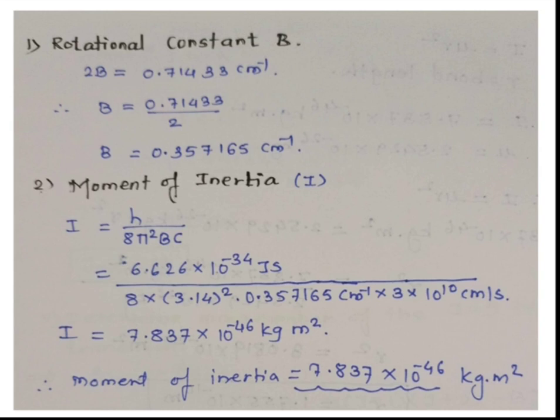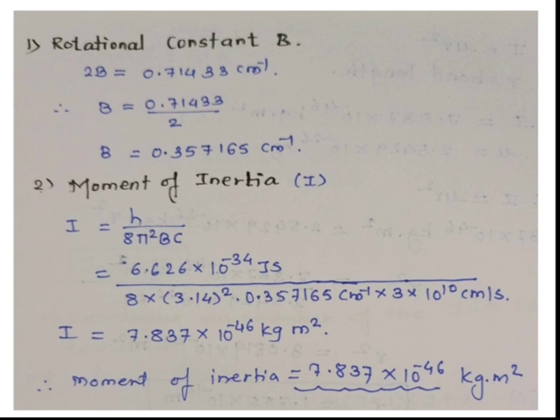So we have all the values, just put all the values in this equation. I is equal to h upon 8 pi square Bc. See here, I have written all the values with units. Units are very important in the problem. So 6.626 into 10 raised to minus 34 joule seconds divided by 8 into 3.14 square into 0.357165 per centimeter into 3 into 10 raised to 10 centimeter per second.